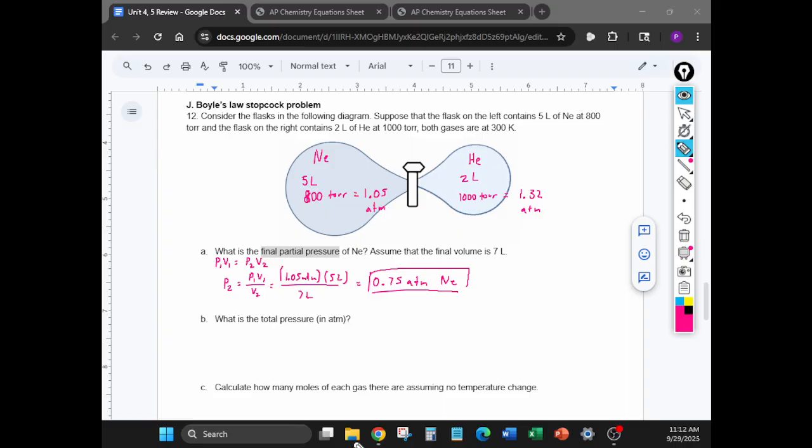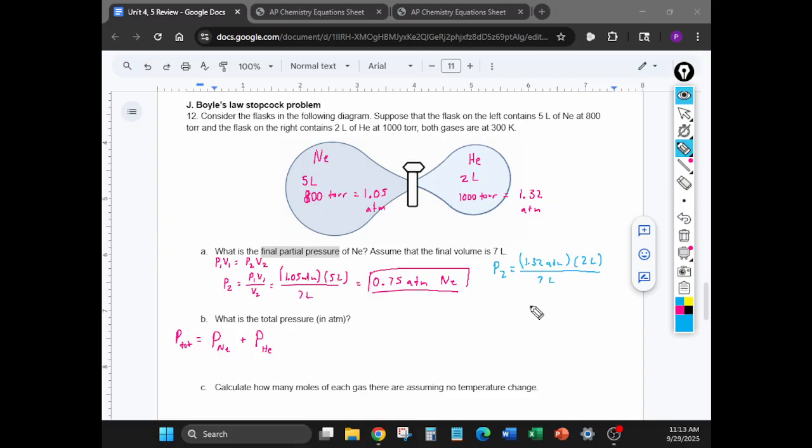All right, so we're going to do the same thing for helium now, because the question is asking what is the total pressure. Total pressure is going to be equal to the sum of the two partial pressures. There are two gases, so it'll be the pressure of neon and the pressure of helium. We do the same thing again for helium, same equation. P2 equals the first pressure, 1.32 ATM, times the first volume, 2 liters, divided by 7 liters.